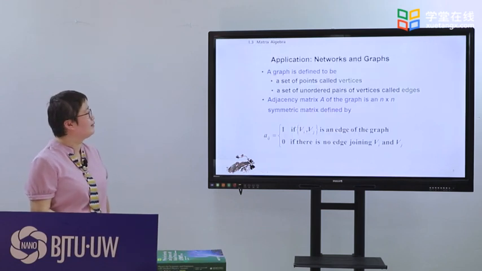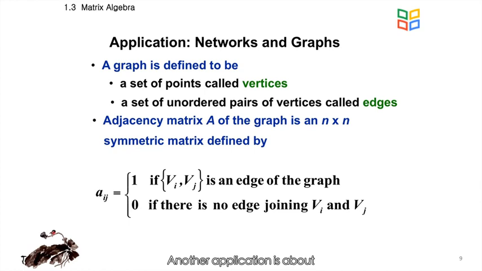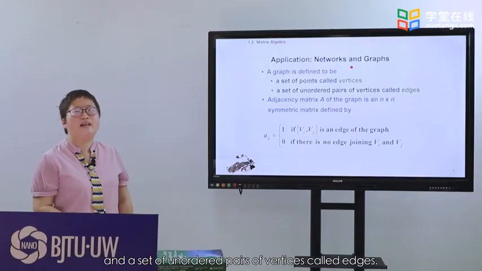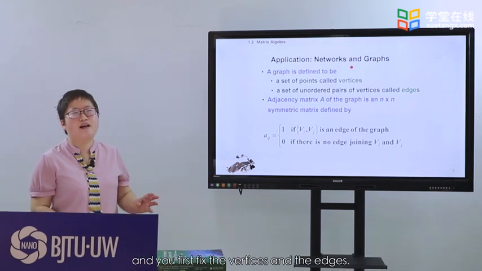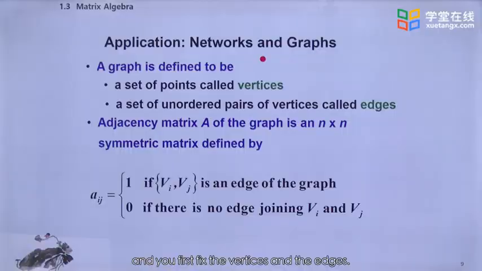Okay. Another application is about networks and graphs. So a graph is defined to be a set of points called vertices, and a set of unordered pairs of vertices called edges. Okay, given your graph, you first fix the nodes, the vertices and the edges.